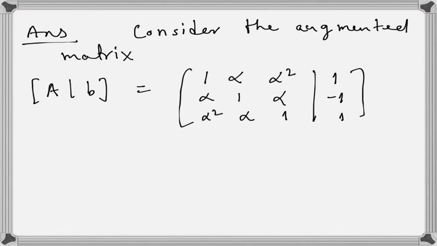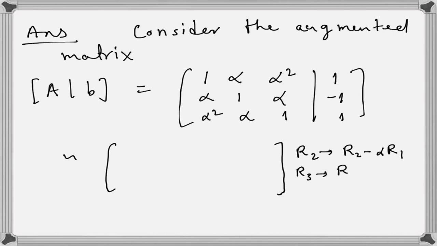Okay, so let's apply some row transformations. I take R2 replaced with R2 minus alpha times R1, and R3 replaced with R3 minus alpha square R1.